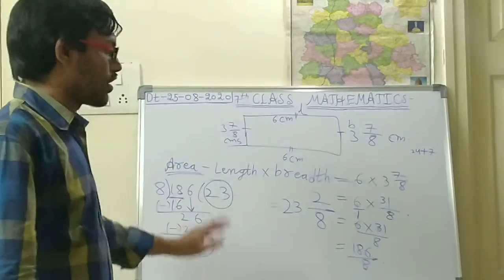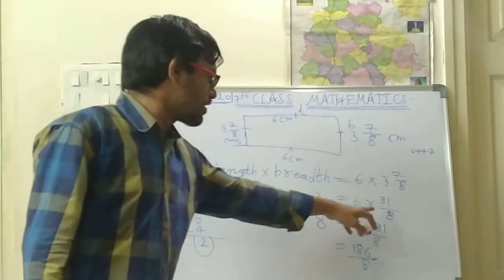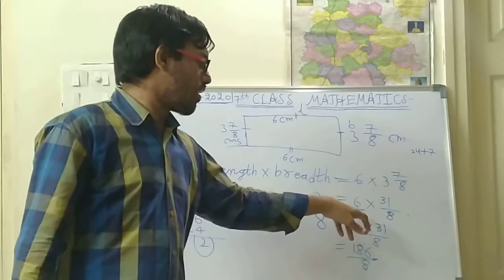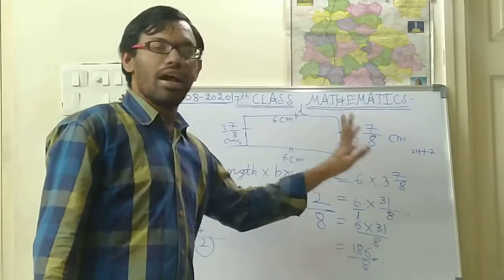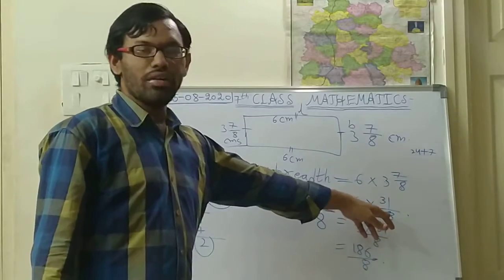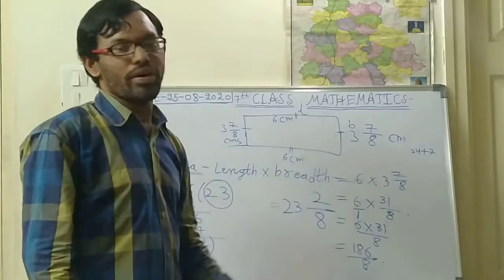I think you have understood this one. Like this you should do the multiplication of a whole number and an improper fraction.